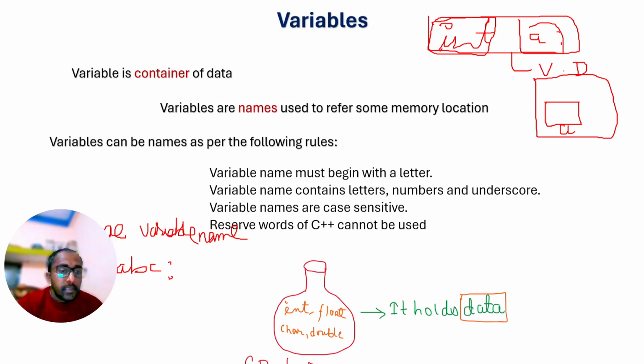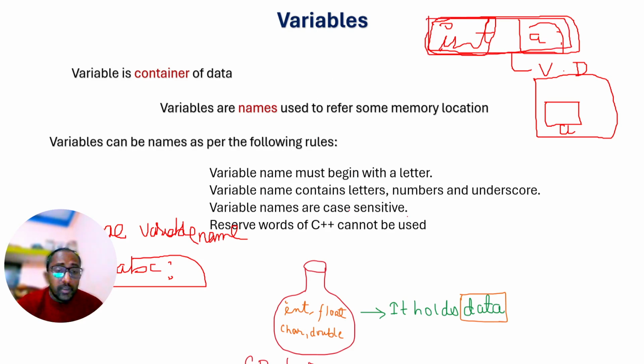See, float is the name of the data type, and a b c are the floats. So we can declare like this. This is called only declaration of the variables.